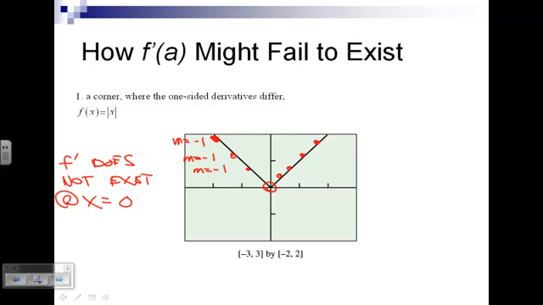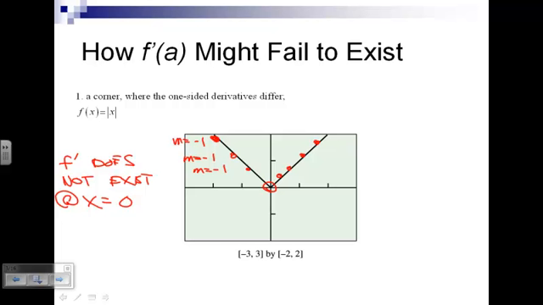We always end up having that situation where the two-sided limits don't agree, and therefore the overall limit that makes up the derivative doesn't exist. So no derivative function at corners. Near corners, yes. At the corners, no. Yes, Ian?